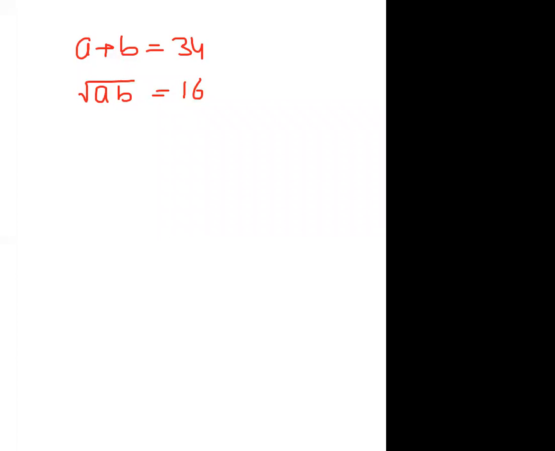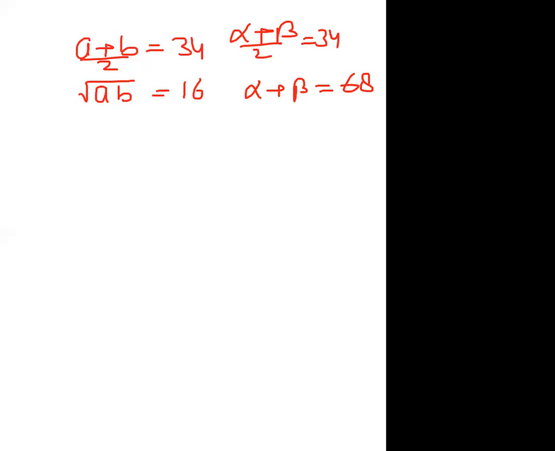Now the question was about the roots of a quadratic equation. When we are talking about roots, alpha plus beta by 2 will be equal to 34. That means alpha plus beta will be equal to 68.